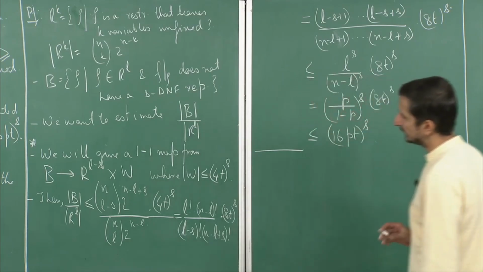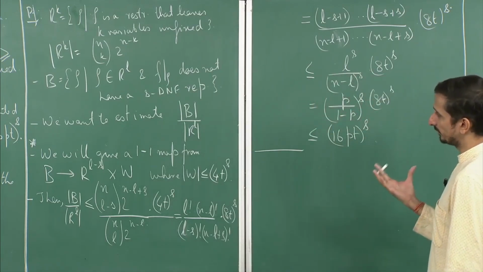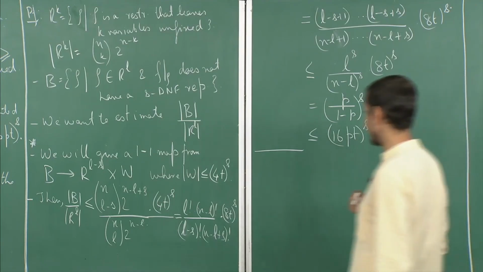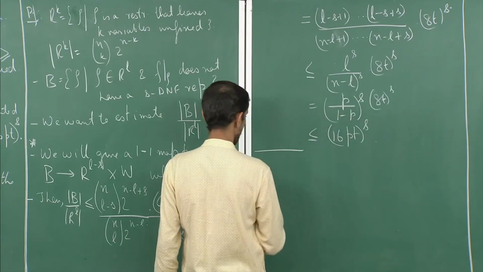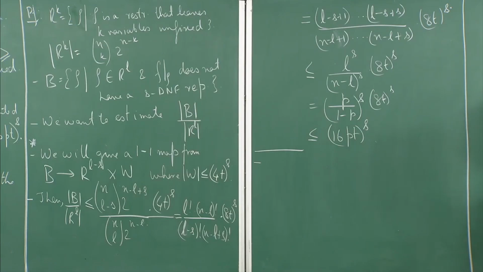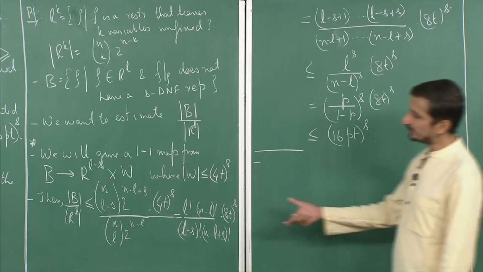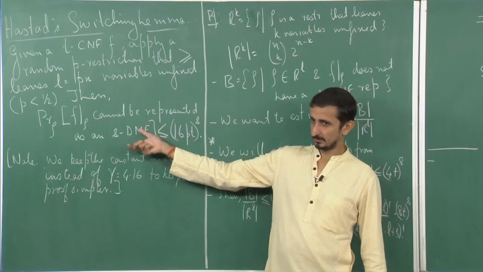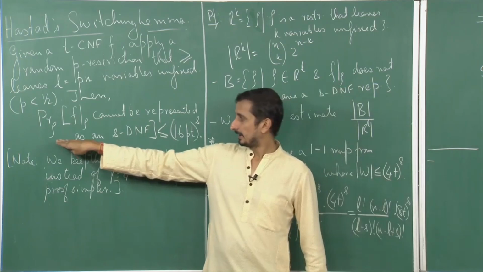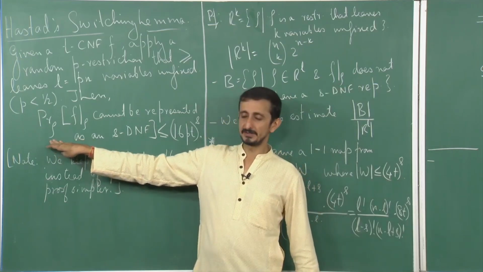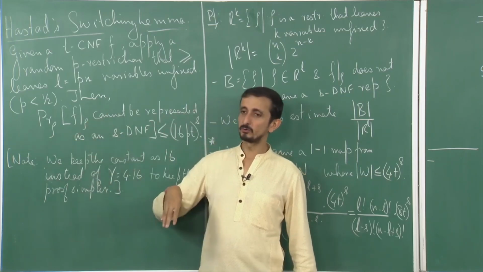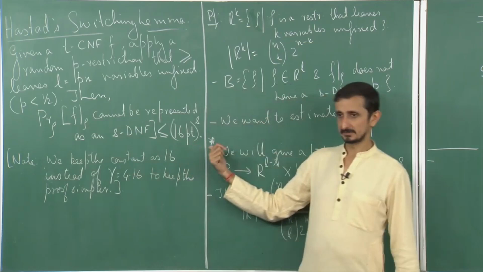Now let us try to understand a few things about what f is. f is given as a TCNF. Because we have to estimate this probability, basically the number of rows which are bad divided by the total number of possibilities for row is this.